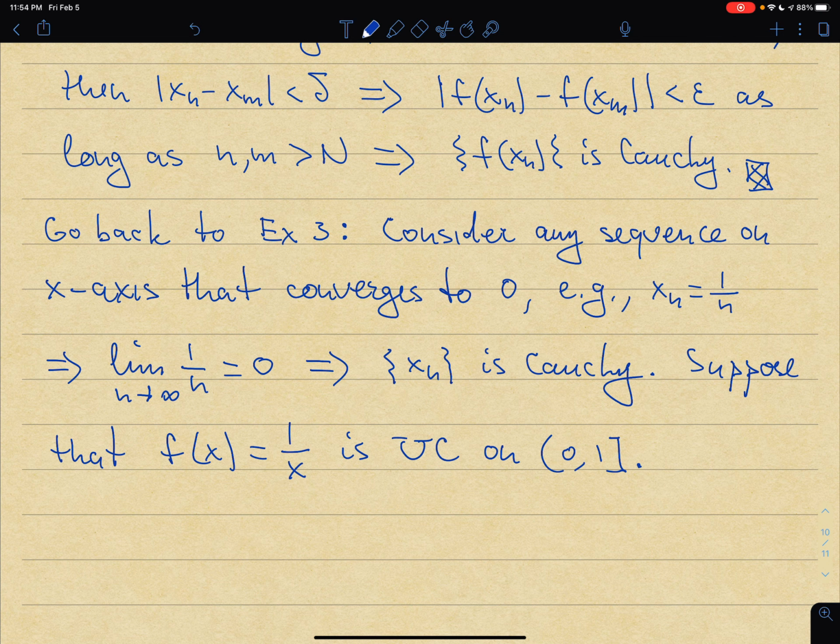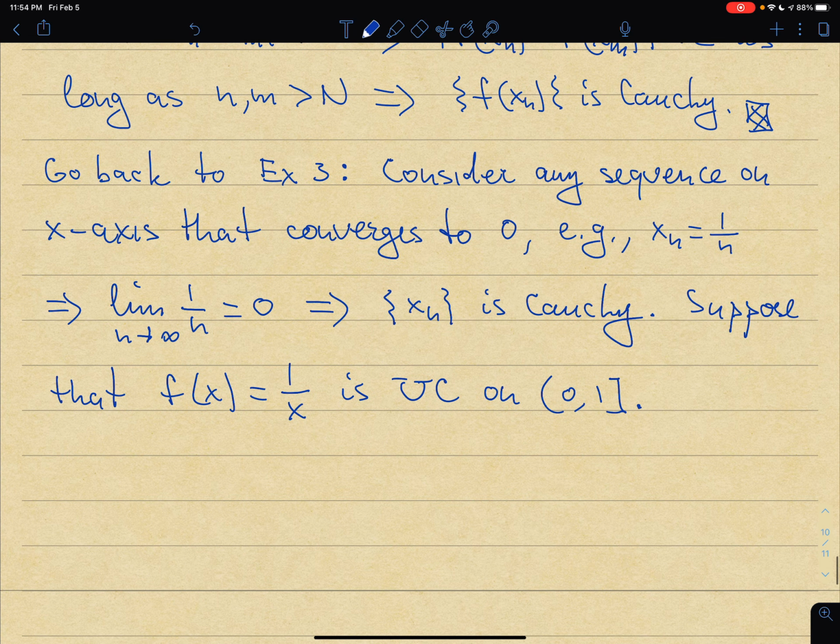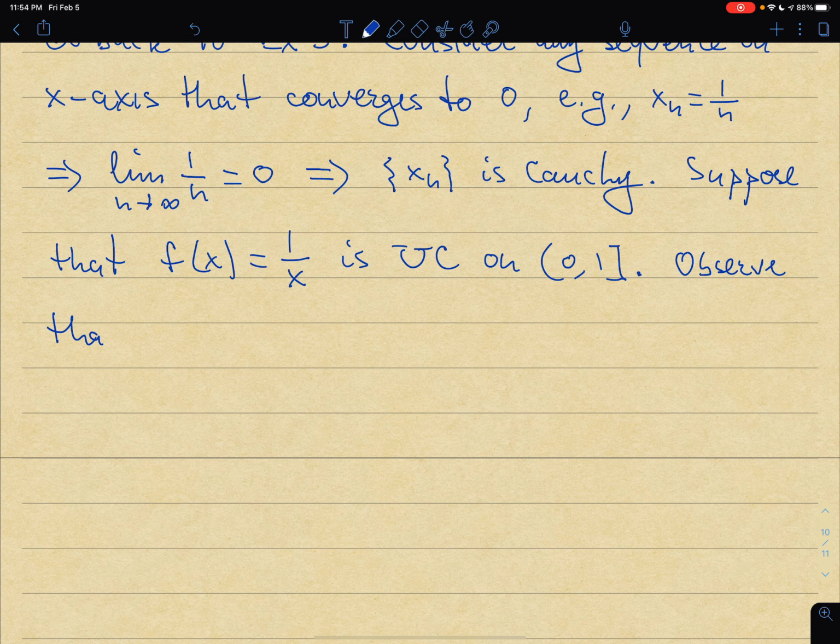So if we consider f of x on the interval from 0 to 1, and we assume that f is uniformly continuous, then what do we have? We observe first that the sequence xn of 1 over n's lies inside the interval from 0 to 1.